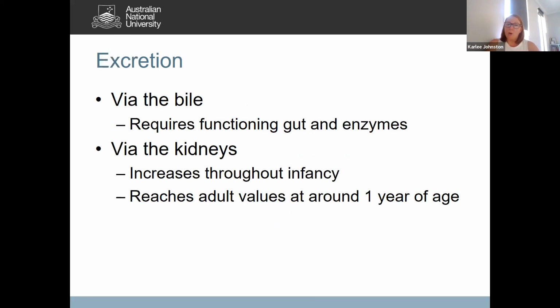Excretion via the bile requires functioning gut and enzymes, and again, as we've talked about, that changes over time. And excretion via the kidneys increases through infancy, and around 1 year of age, a child has a similar rate of renal excretion as adults.